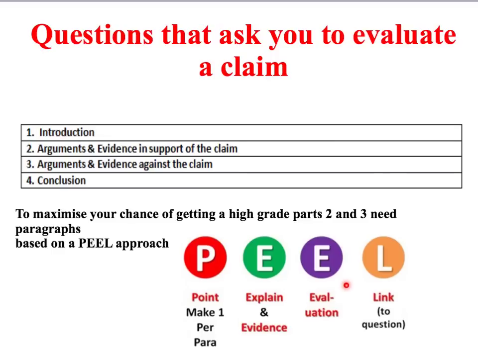So maybe at the end of the paragraph you use the word however, and you identify maybe a specific criticism that somebody might make of the evidence that you presented.